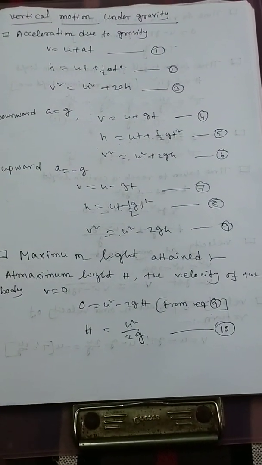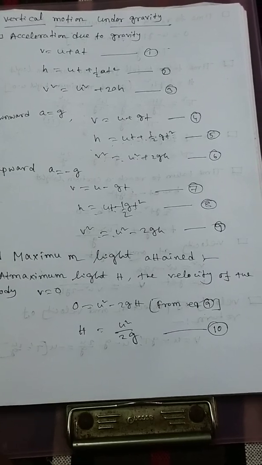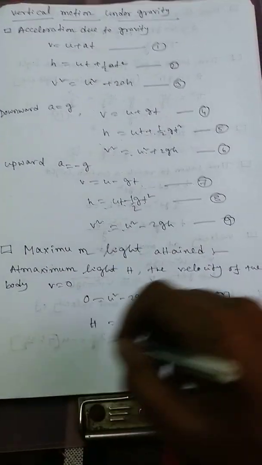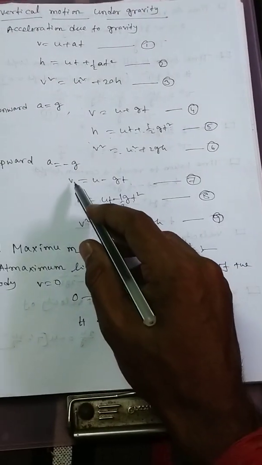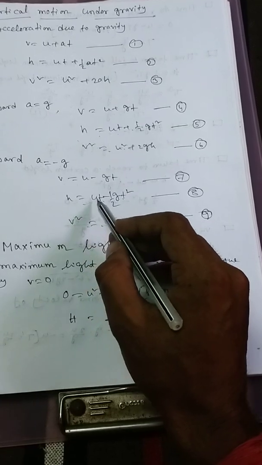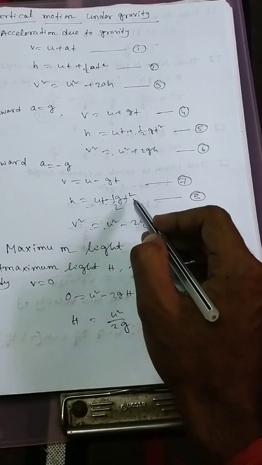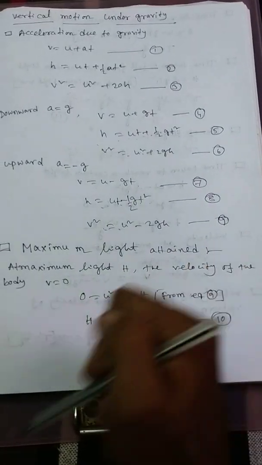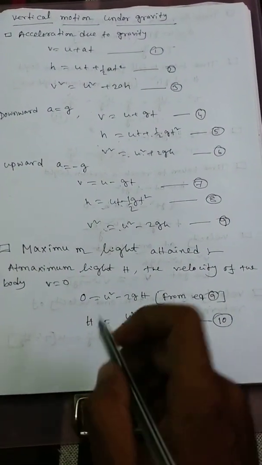If the upward direction is taken as positive, that means a equals minus g. Then we get the following equations: v equals u minus gt, h equals ut minus half gt square, and v square equals u square minus 2gh.